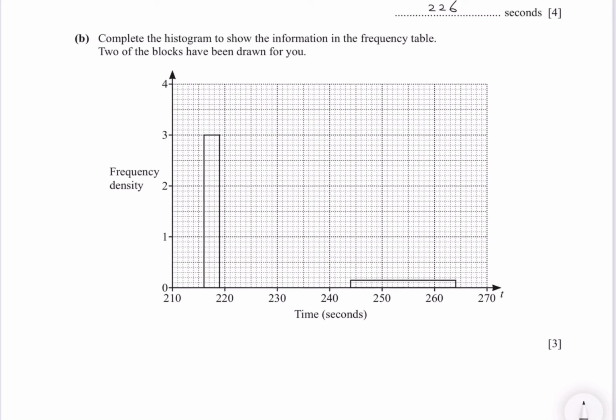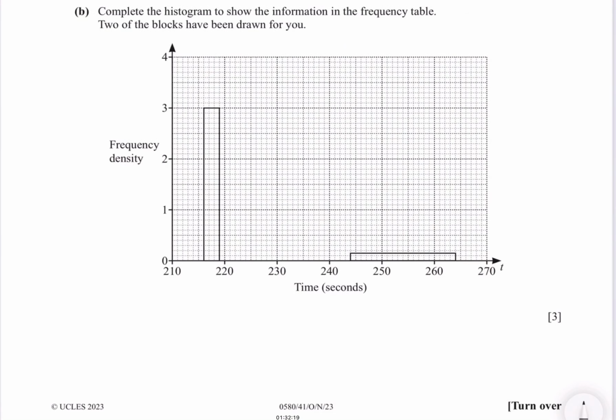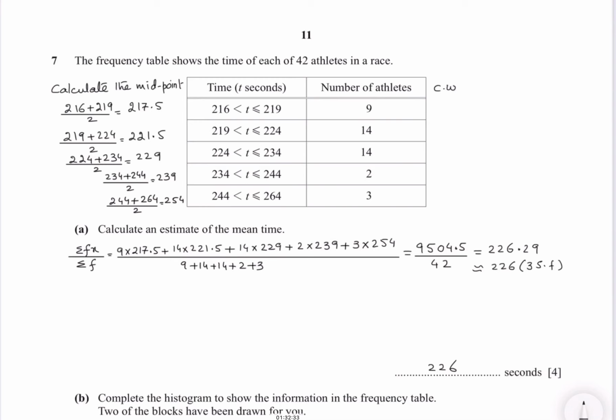Complete the histogram to show the information in the frequency table. So this histogram has been made on frequency densities. So you have to calculate the frequency density of each class. So let's go back. Class widths are not given, you have to find them out. 219 minus 216, this is the first class width. This is the second, 224 minus 219. 234 minus 224. So all these are the class widths.